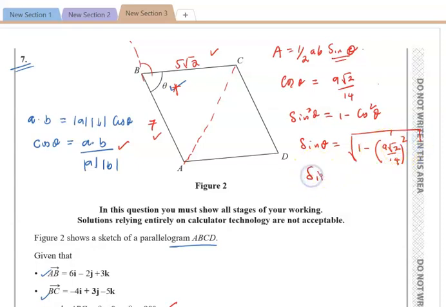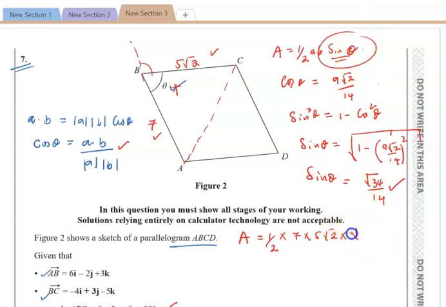Then you press that on your calculator, and you find that sine of theta is equal to root 34 over 14. Don't press sine and cos inverse together to get the angle, because you may not get an exact answer. So that's the sine. That means the area of the triangle is a half times a, which is 7, and b, which is 5 root 2, multiplied by the sine of the angle, which is root 34 over 14.